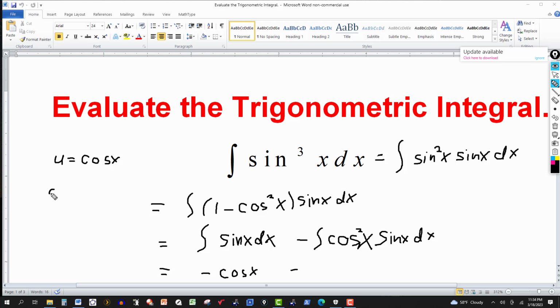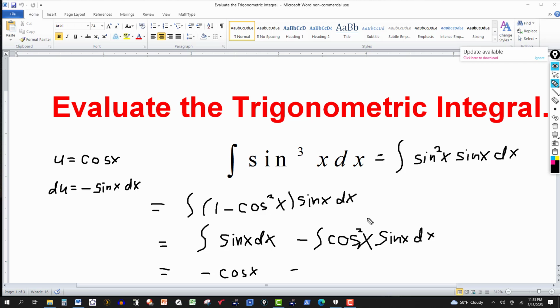Taking the differential, the derivative of cosine is minus sine of x, and this will be dx.